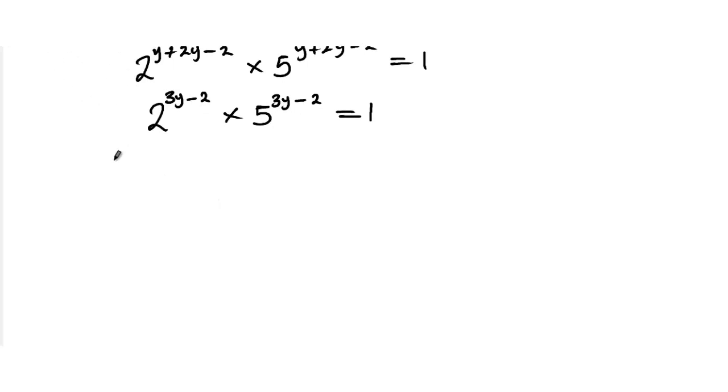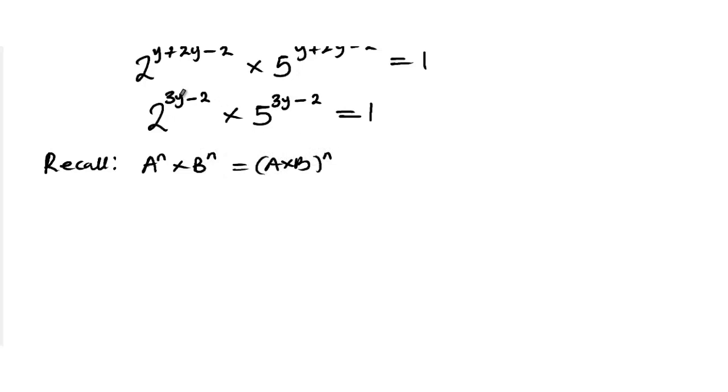What can we do? We can distribute it. Recall again, pardon me: if I have a raised to power n times b raised to power n, I can write it as a times b, everything raised to power n.